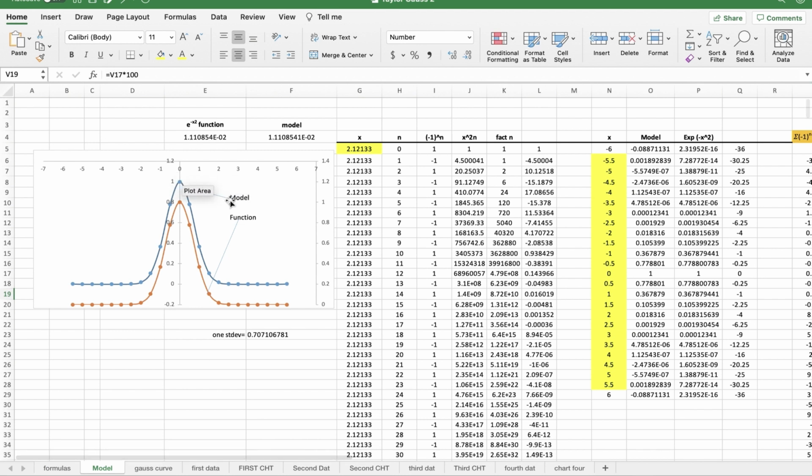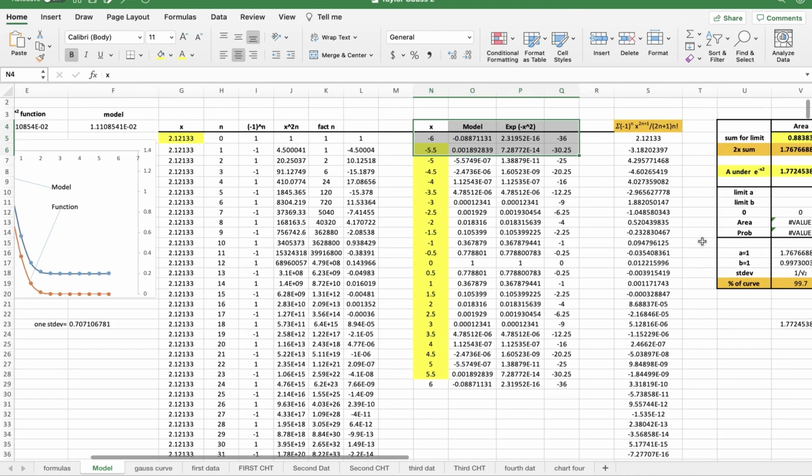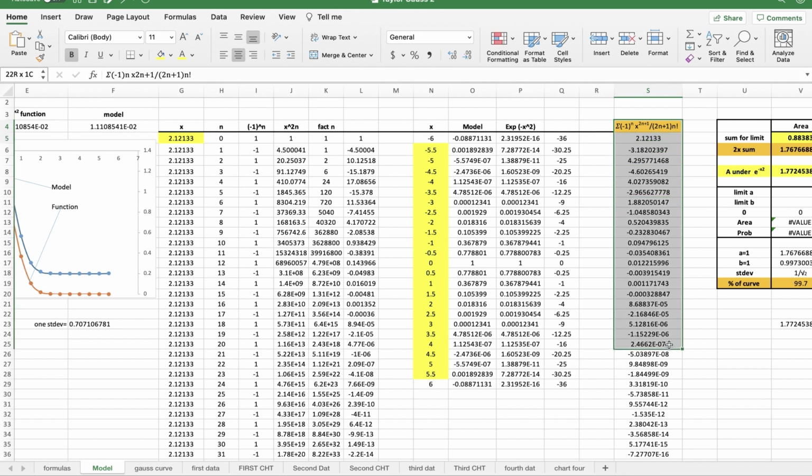That's what we have right here. Actually, I'm going to highlight that one, because that's the integral of, you can see the little formula there.